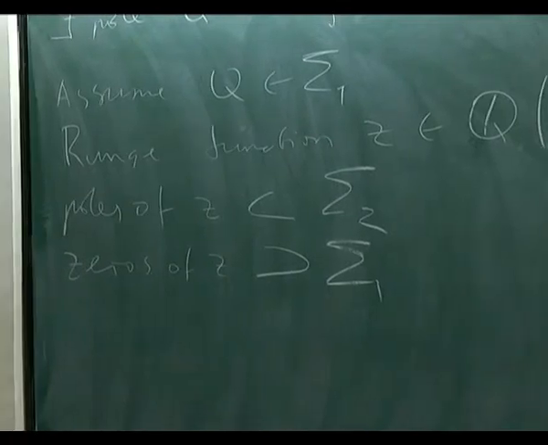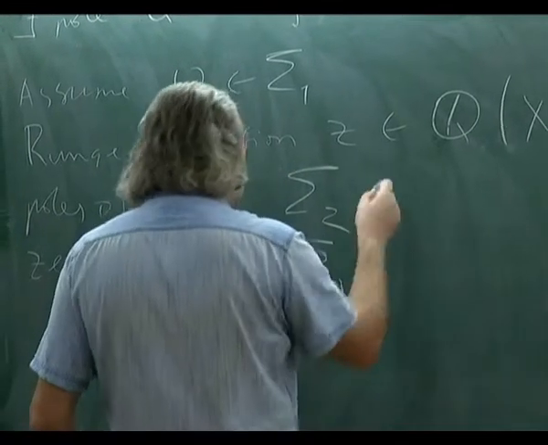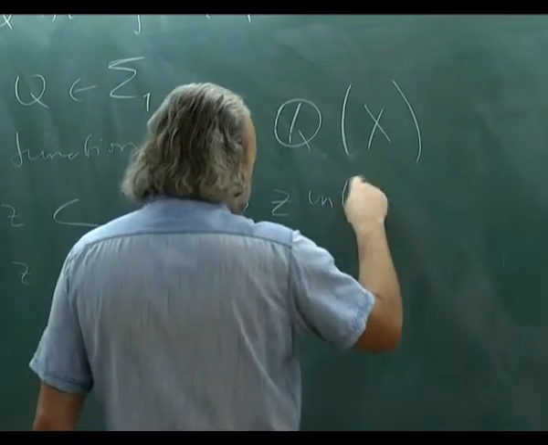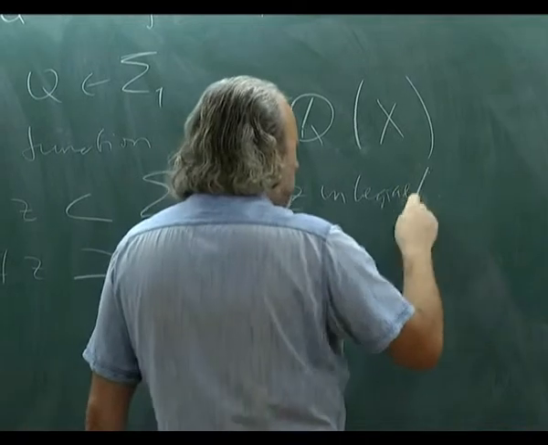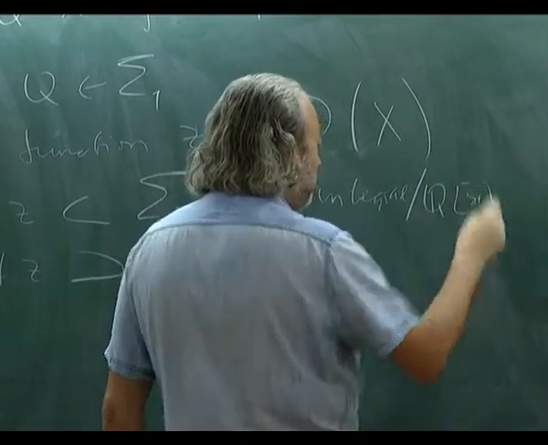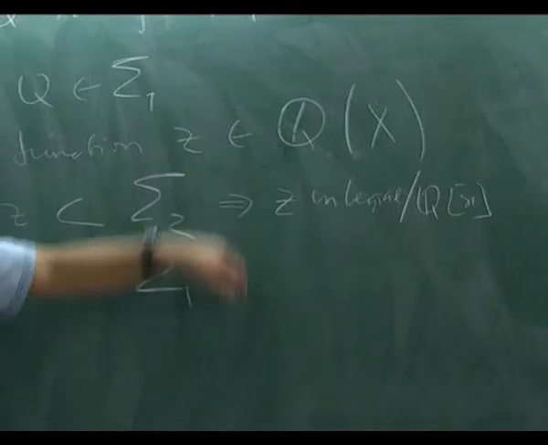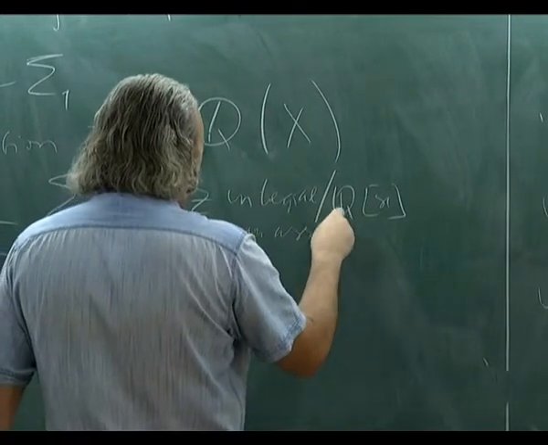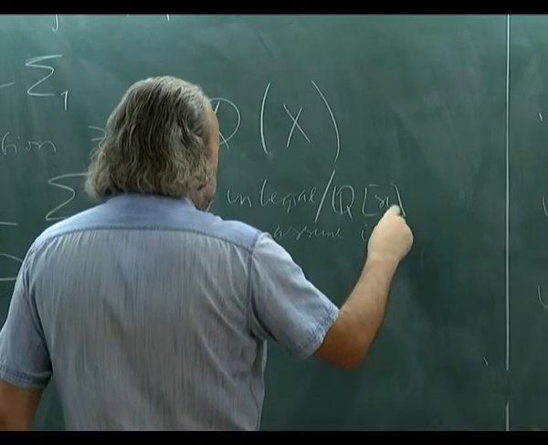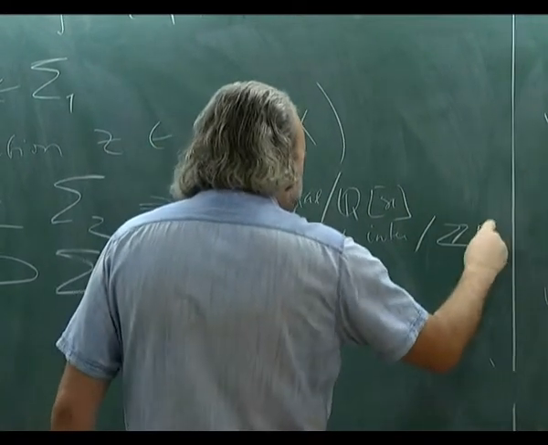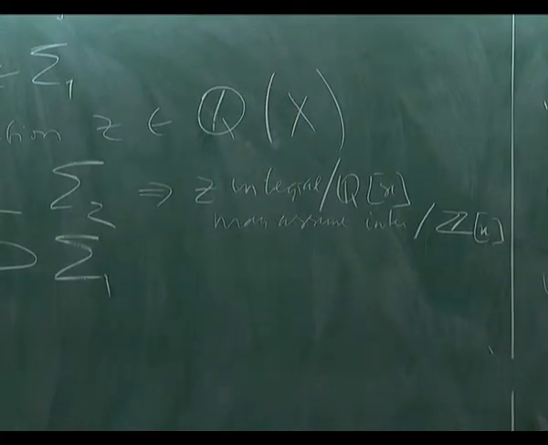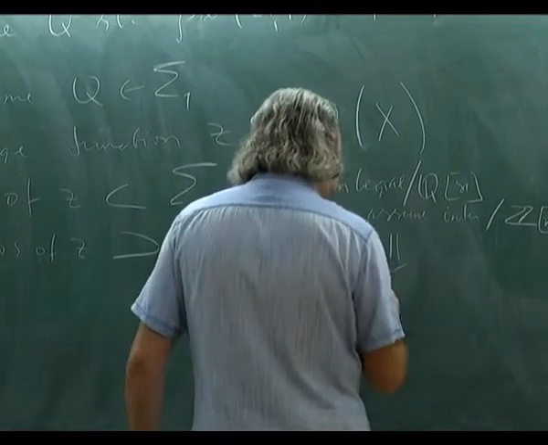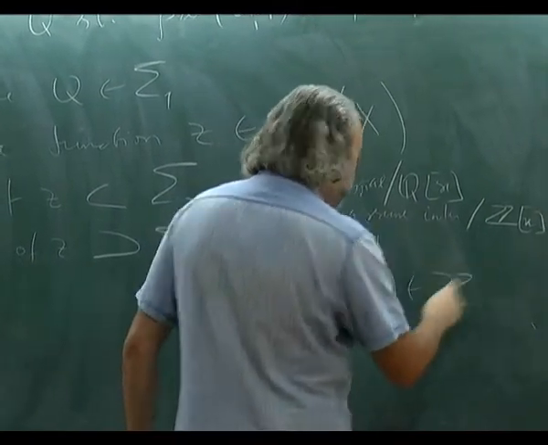Now let us see what this means. This implies that Z is integral over Q of X. And we may assume, by just multiplying by some element, that it is integral over Z of X. Which means that Z of P is an integer.